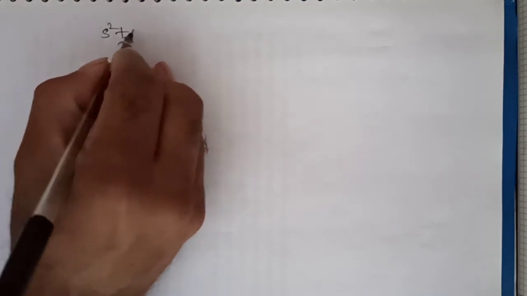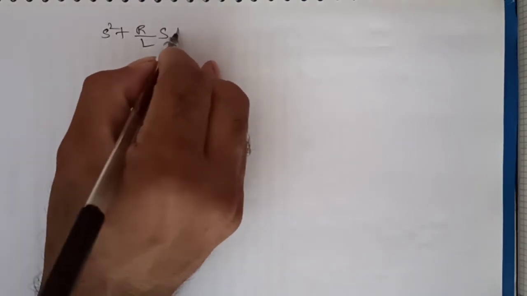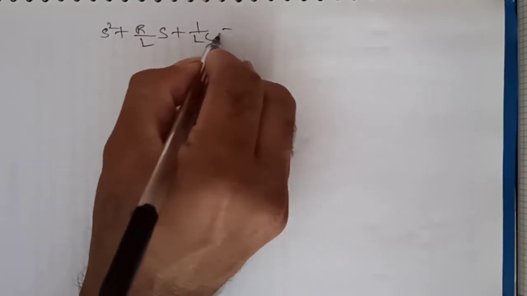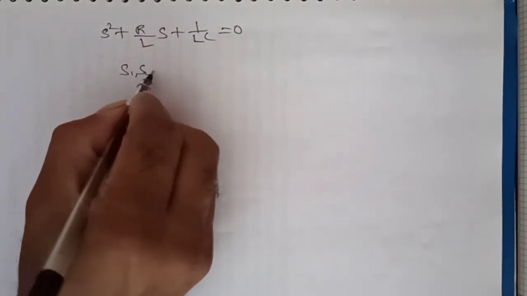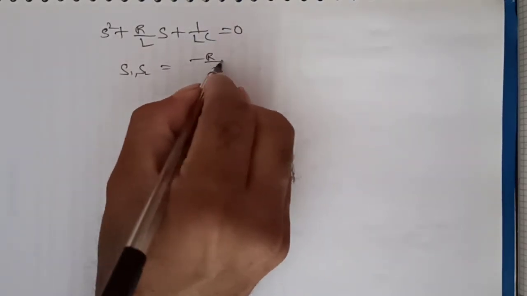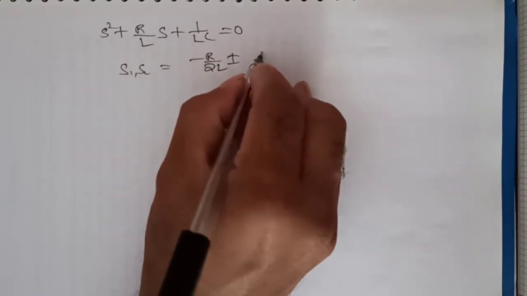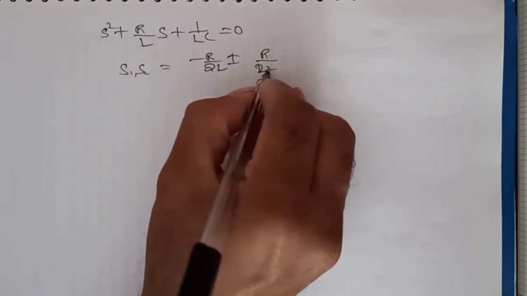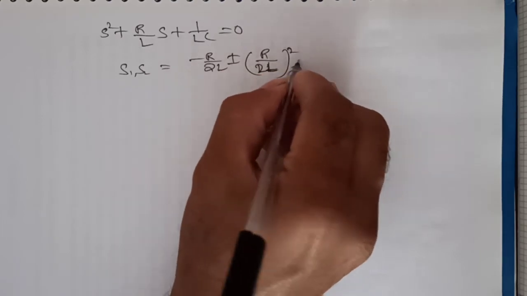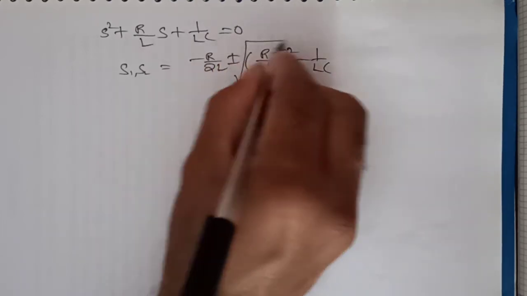So for the complementary function we have the characteristic equation s square plus R by L into s plus 1 by LC equal to 0, and we know that the roots s1 and s2 are minus R by 2L plus or minus square root of R by 2L whole square minus 1 by LC.